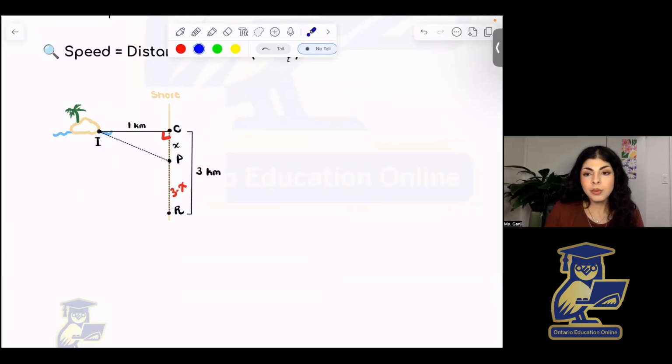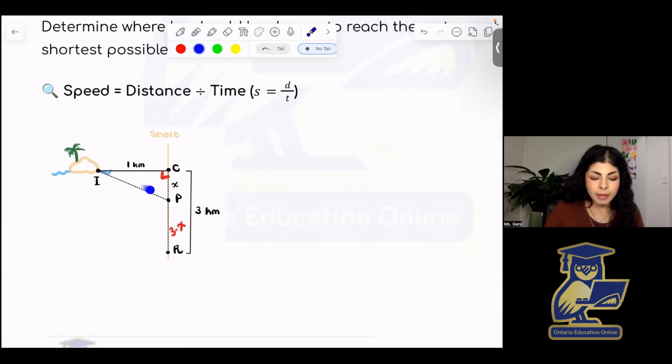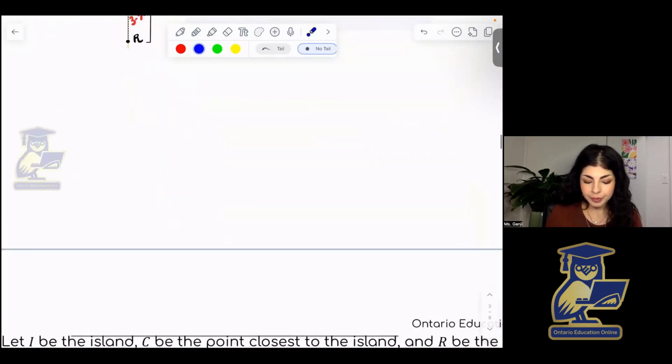But because he wants to find the fastest time, he might canoe to this point P and then jog the rest of the way to the restaurant. And these are our two endpoints, which is going to C directly or going to the restaurant directly, or our critical point here, which would possibly give us a faster time than either of these endpoints.